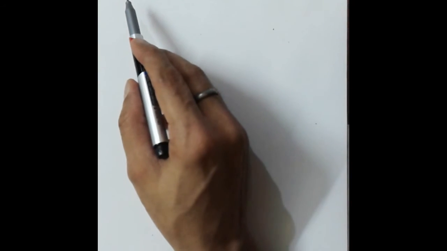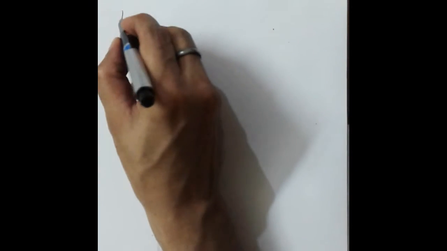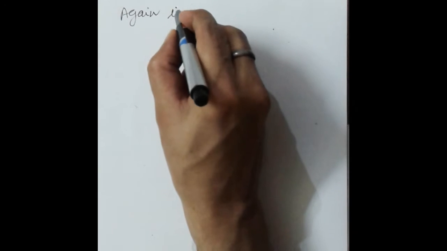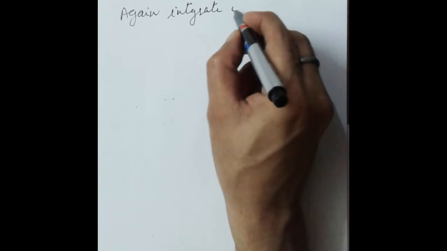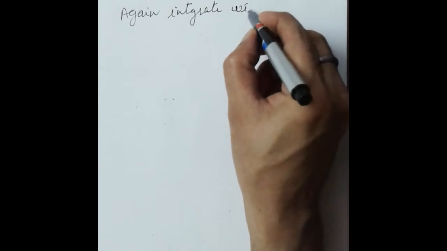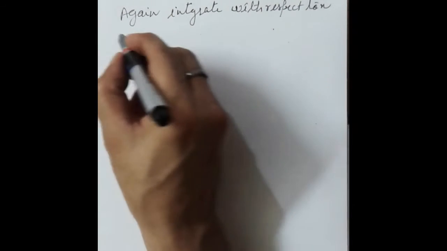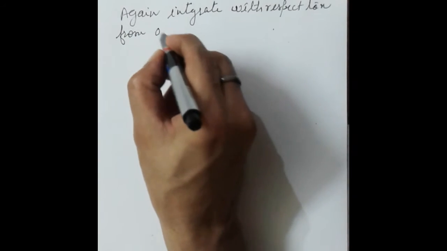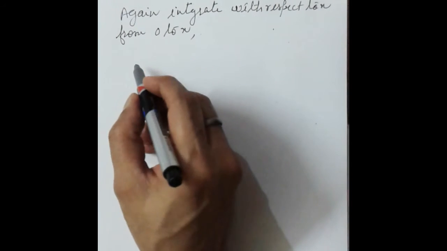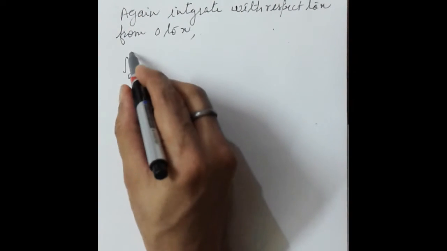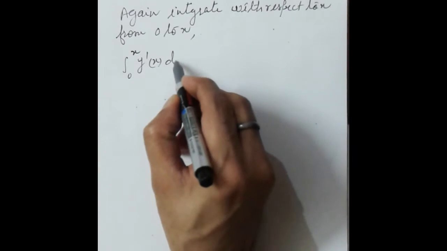Now again integrate with respect to x from 0 to x. We have the integral from 0 to x y dash x dx.